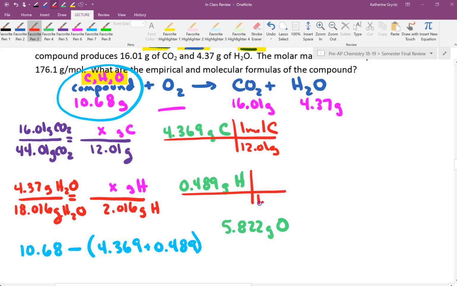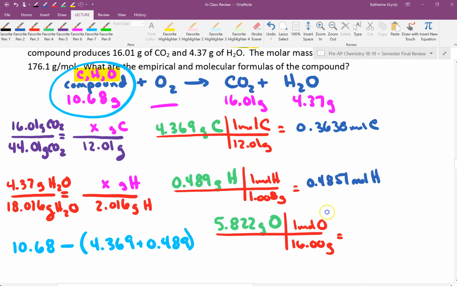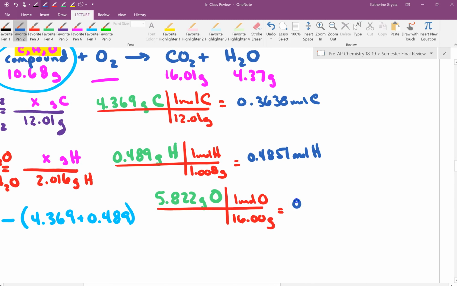Okay, so we're going to set this up. Okay, so if you calculate this, you should get 0.3638 moles of carbon and 0.4851 moles of hydrogen and 0.3639 moles of oxygen.